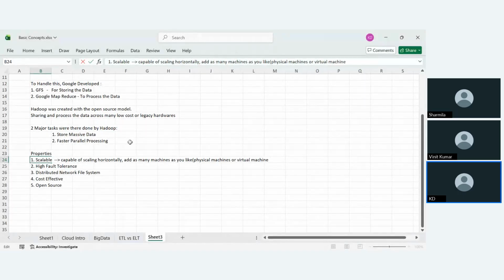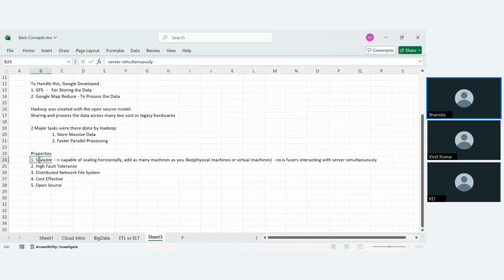So now with this, the number of users interacting with the server simultaneously can increase.